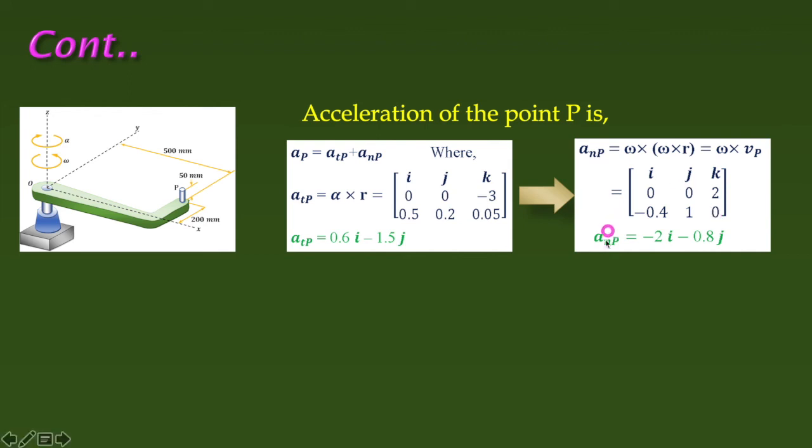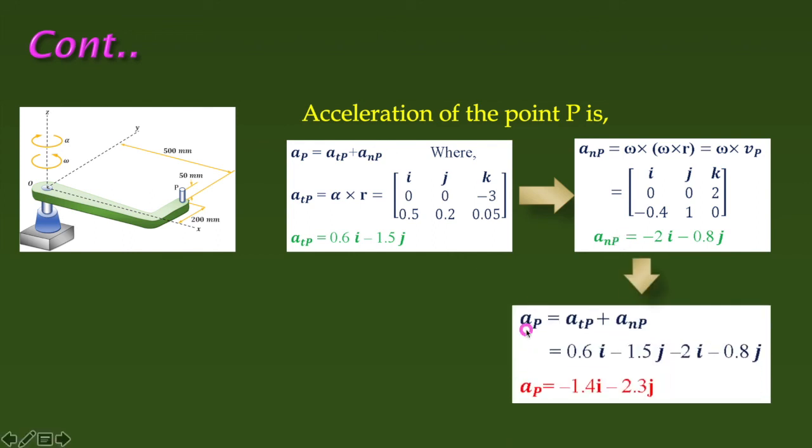So solving this, we get the normal component of acceleration of this point P, ANP, as minus 2i minus 0.8j. Now we have to add these two components of acceleration and get the resultant acceleration of point P. So adding these vectors, this plus this equals, finally, minus 1.4i minus 2.3j.